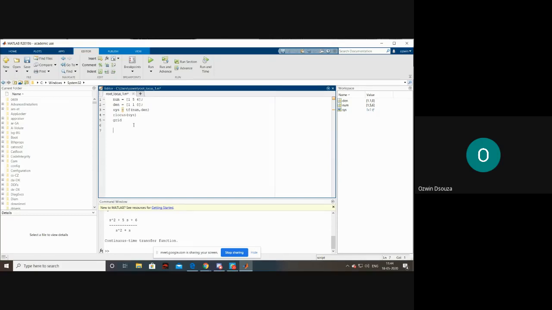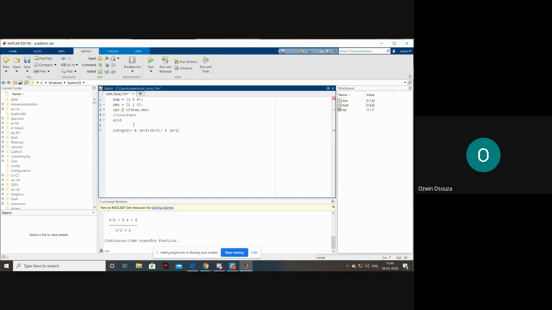Your open loop transfer function is given as G(s)H(s) equals K times (s plus 2) times (s plus 3), divided by s times (s plus 1).